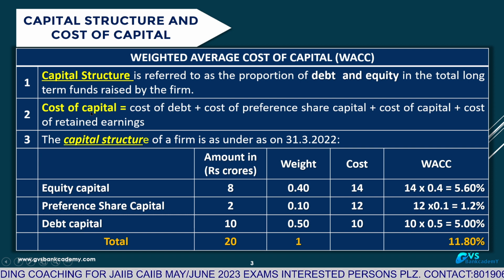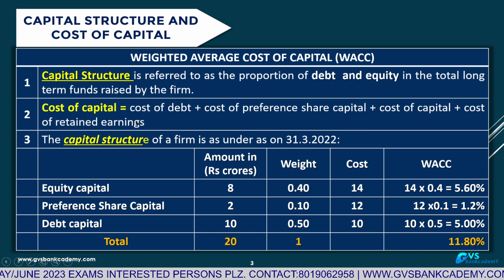Cost of capital is equal to the cost of debt, long-term loans; the cost of preference share capital, how much dividend you are paying on preference share capital; the cost of equity capital, how much you are paying on capital; and the cost of retained earnings. Retained earnings means surplus, profits retained in the business, part of net worth.